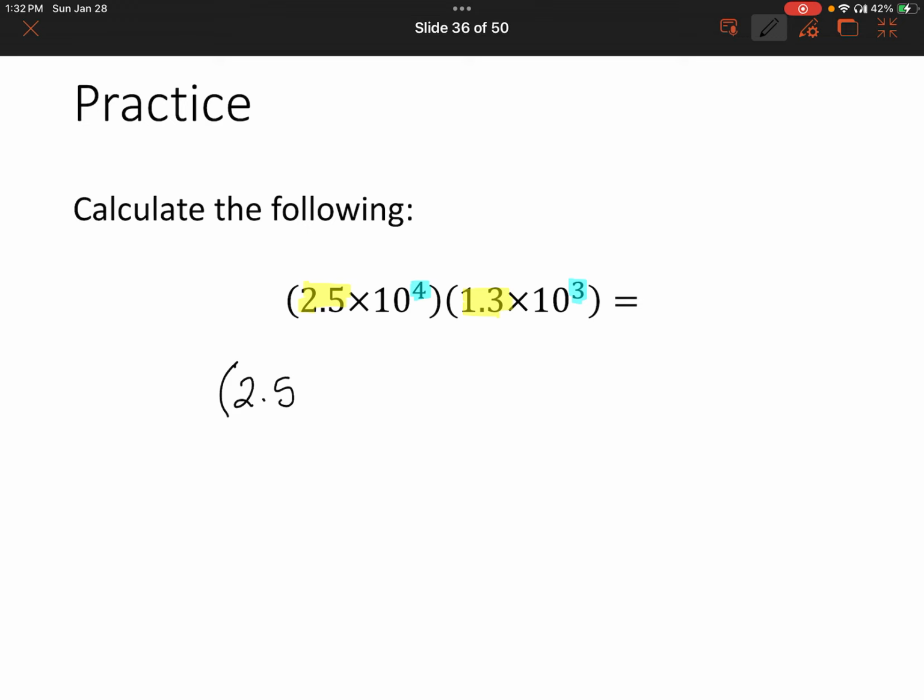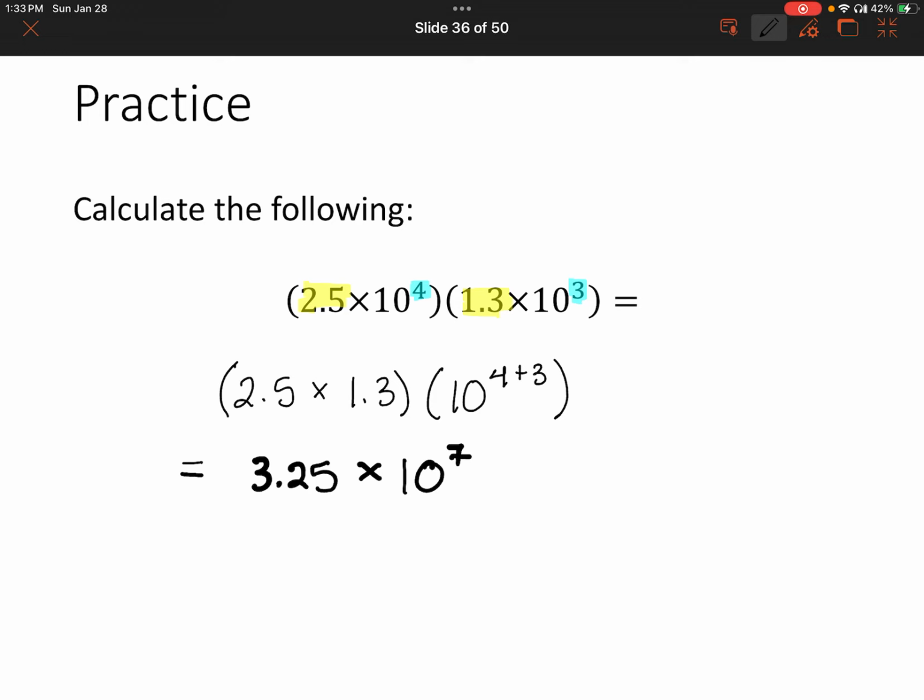So we'll multiply 2.5 by 1.3, and then we'll add 4 and 3 in the exponents. So you will need your calculator probably to multiply 2.5 and 1.3 unless you did it the long way by hand. But that should come out to be 3.25, and our exponent is 7.